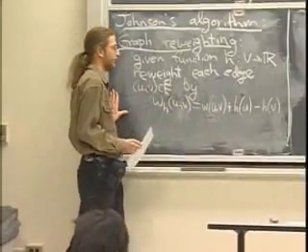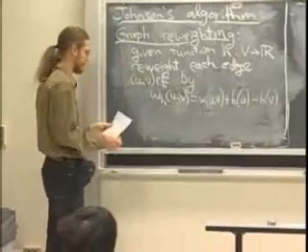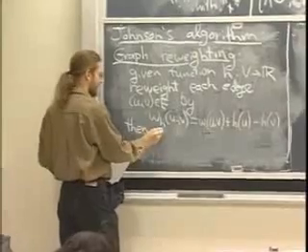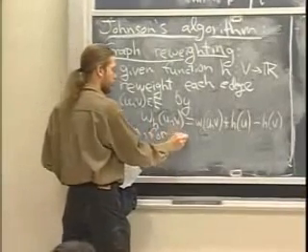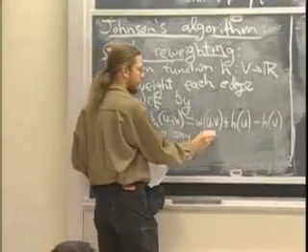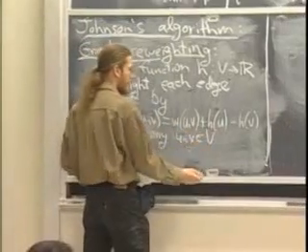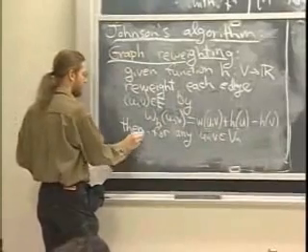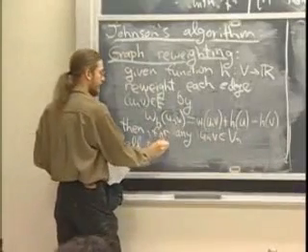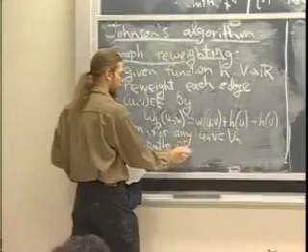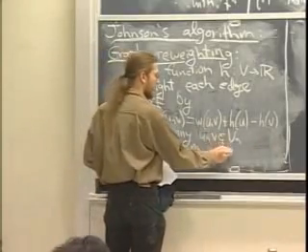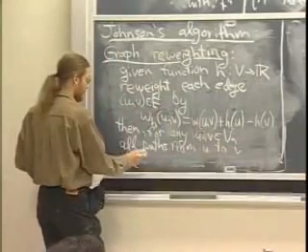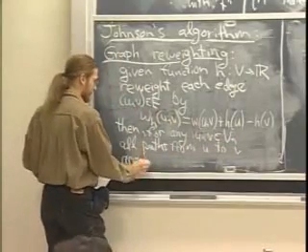Now, this is actually a theorem. If you do this, then for any vertices U and V in the graph, all paths from U to V have the same weight as they did before. Well, not quite.